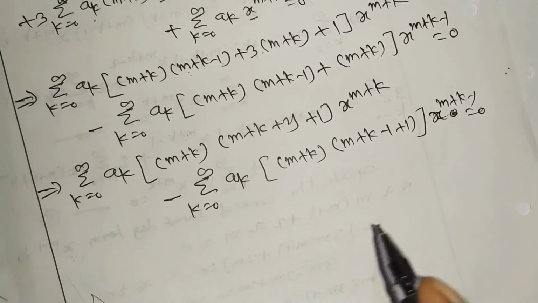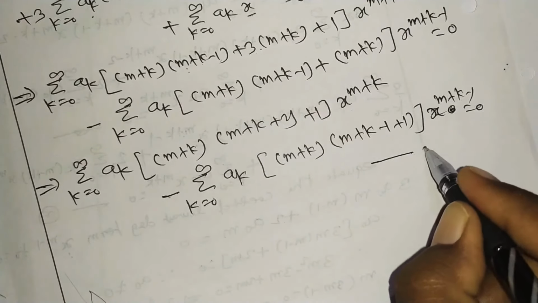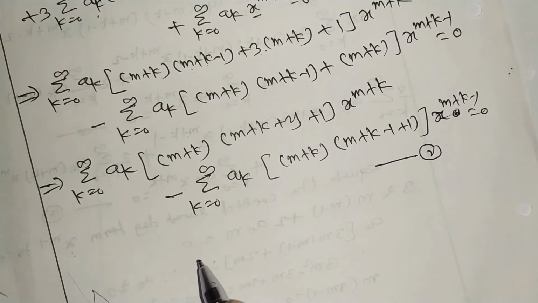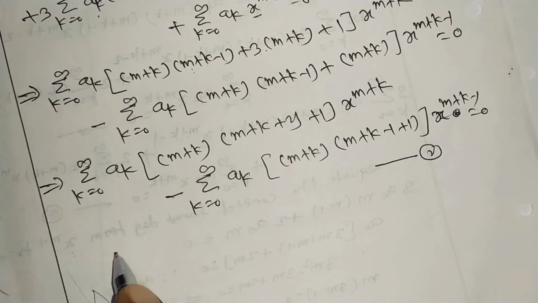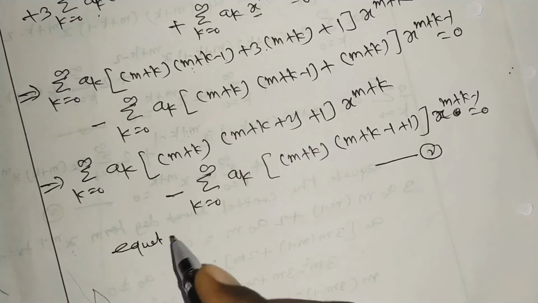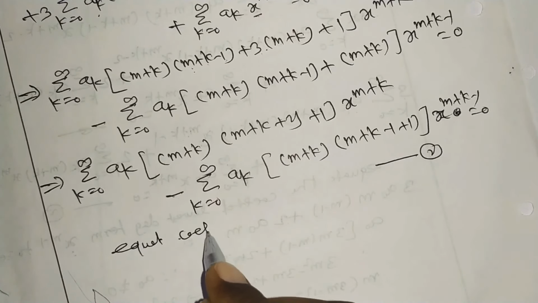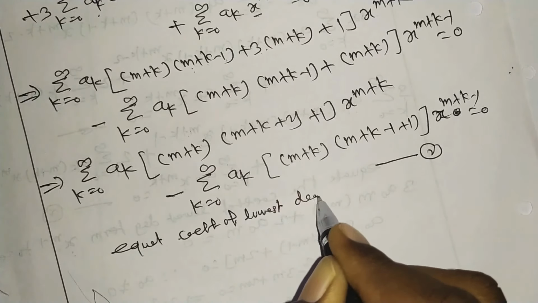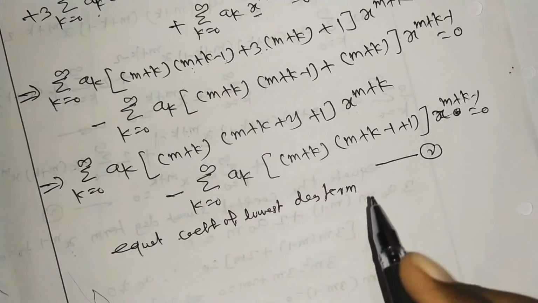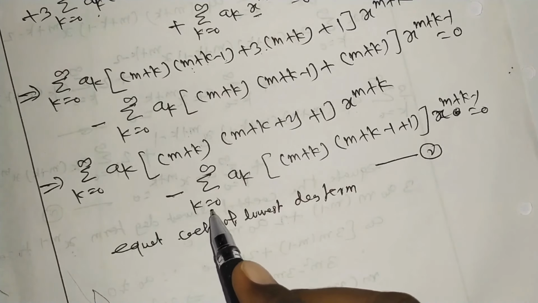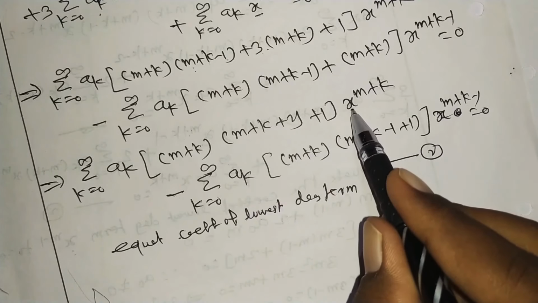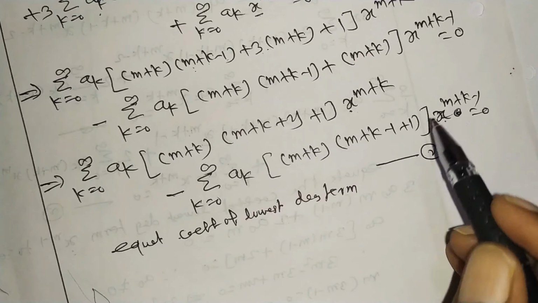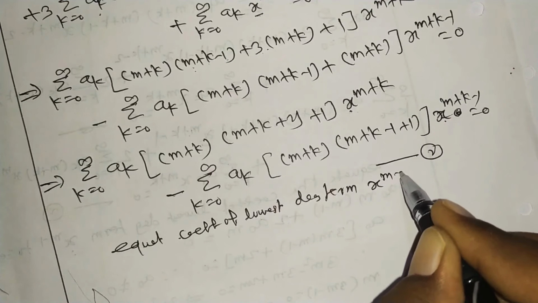Okay, now this is equation 2 say, and the given equation is equation 1. So now we have to find the indicial equation. For the indicial equation we have to equate the coefficient of the lowest degree term. k starts from 0, so if we put k equal to 0 we will get x raised to m here and x raised to m minus 1 here, so the lowest degree term is x raised to m minus 1.